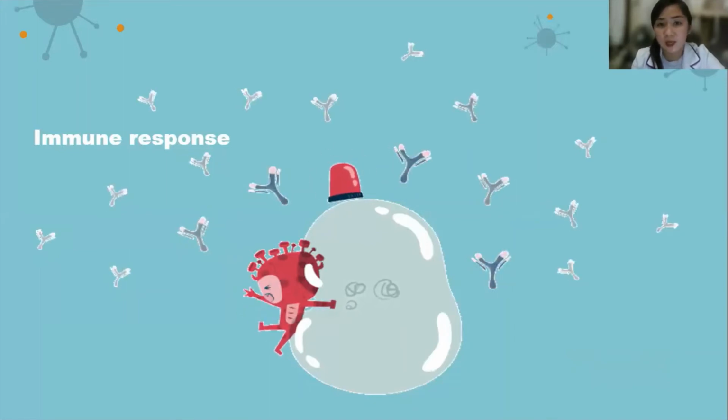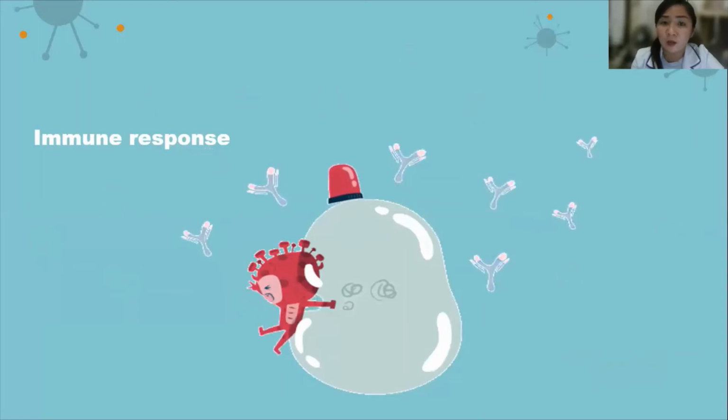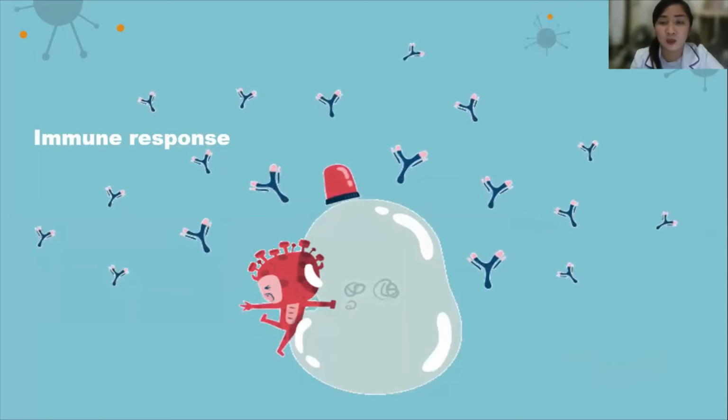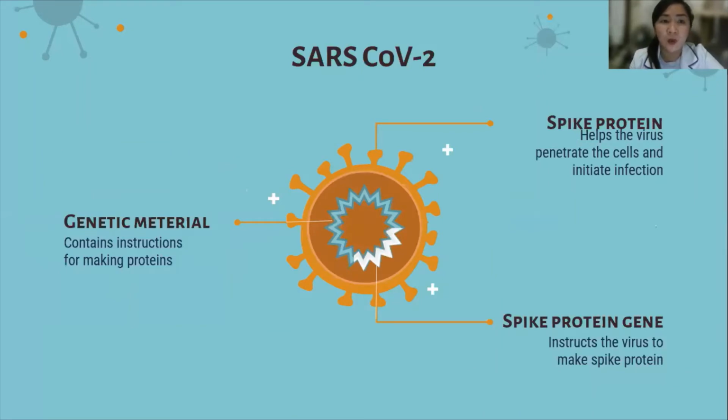So all of the vaccines work the same way, but the method of exposure is different. In the case of COVID-19, when it was discovered that it was a coronavirus, namely SARS-CoV-2, and since there is previous research already on SARS-1 and MERS, researchers knew that they could focus initially on the S protein, which is also known as the spike protein, found on the surface of SARS-CoV-2, which helps the virus penetrate the human cells and initiate infection.